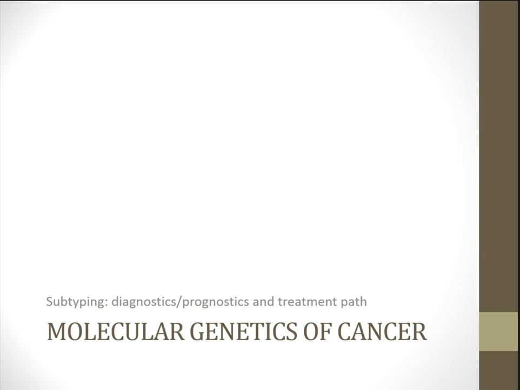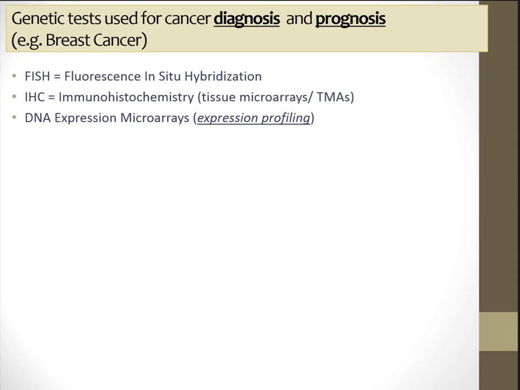Now on to the molecular genetics of cancer. One of the things I really want you guys to take home is the use of genetic tests for cancer diagnosis and prognosis. While some of these technologies are still considered emerging in the clinic, depending on where you end up practicing, some of these are very commonplace.